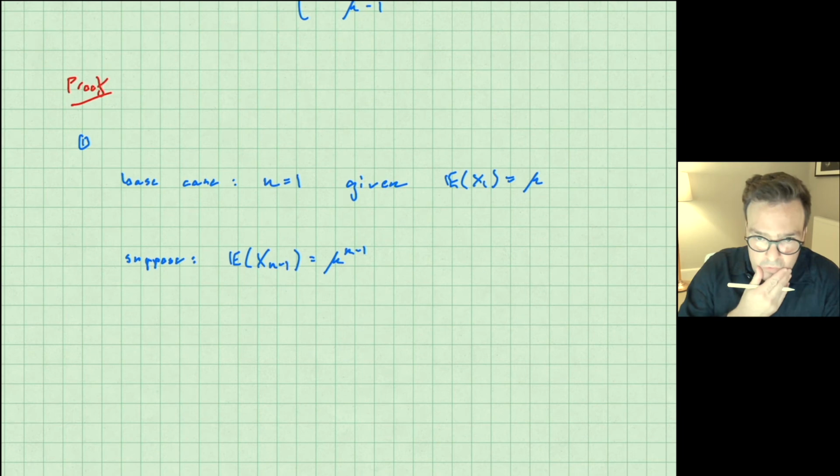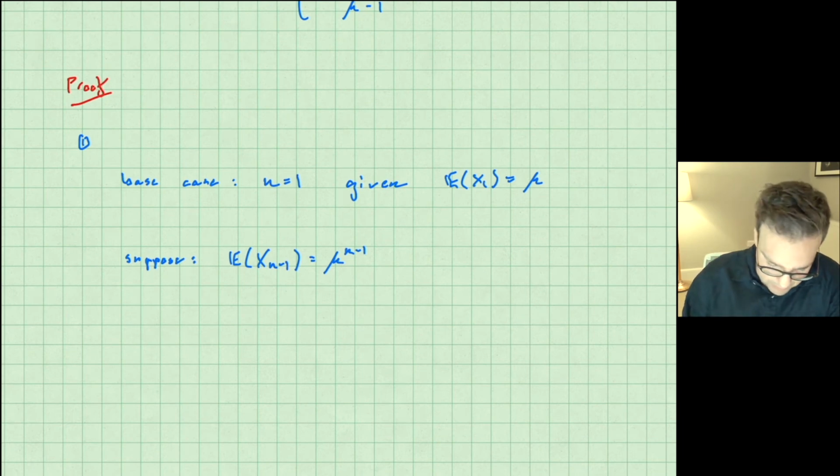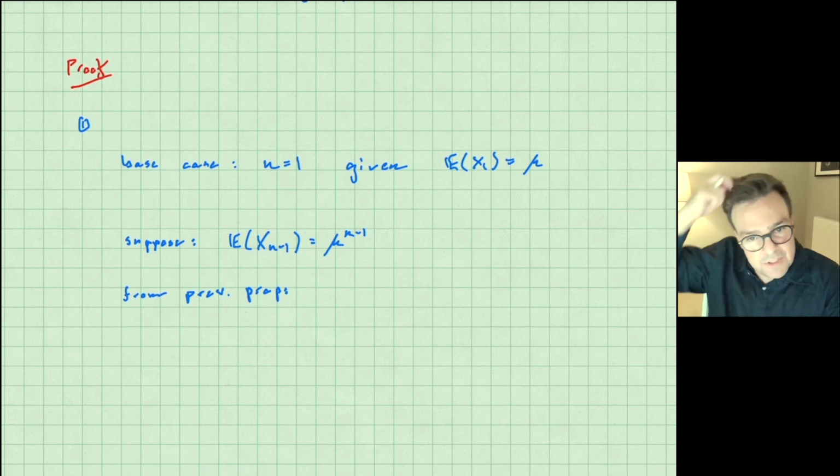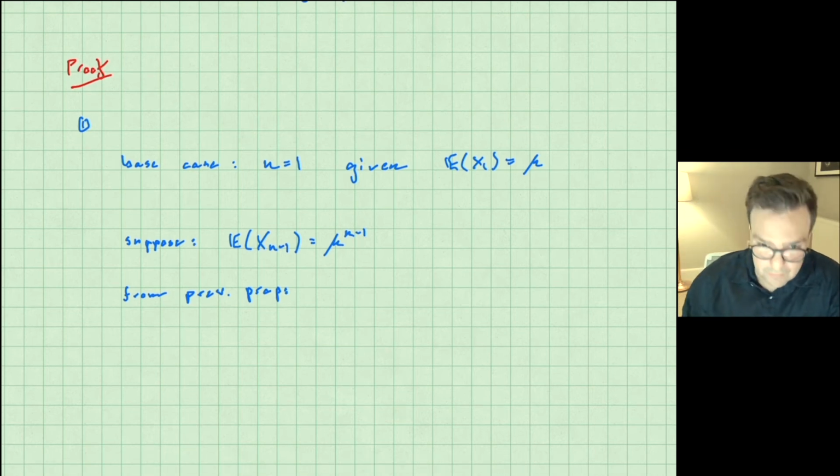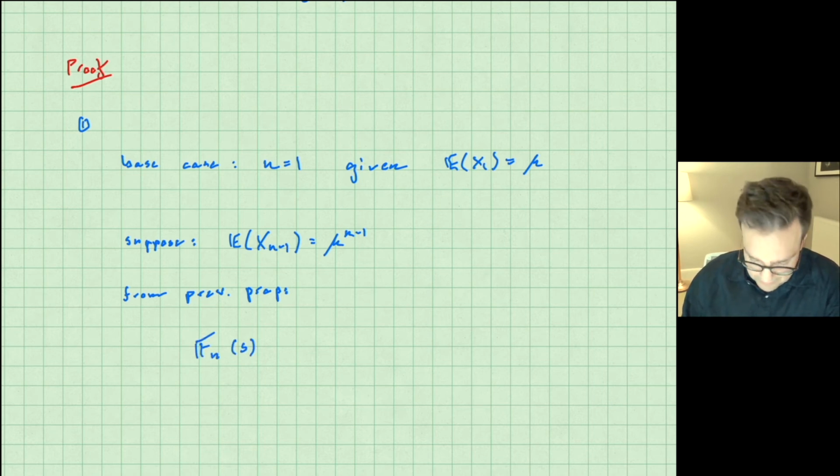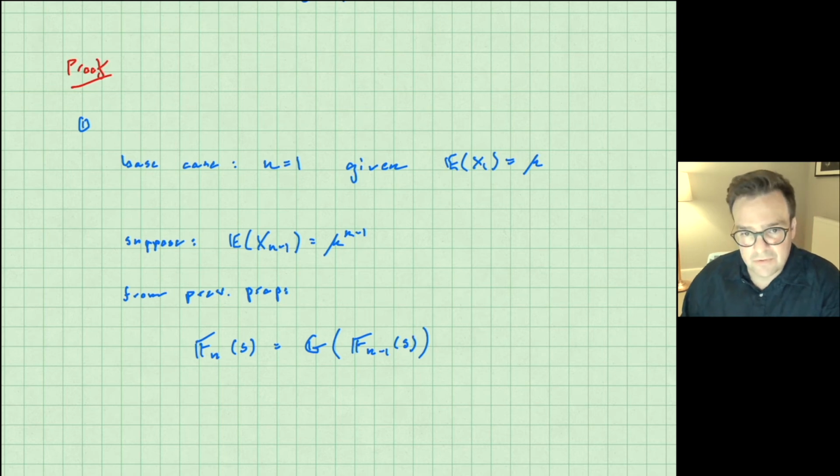So if we go from the previous proposition, from before, we can write out the PGF for n at time n. We can write f sub n of s as this nested thing, g, where the argument is f sub n minus 1, evaluated at s, right?